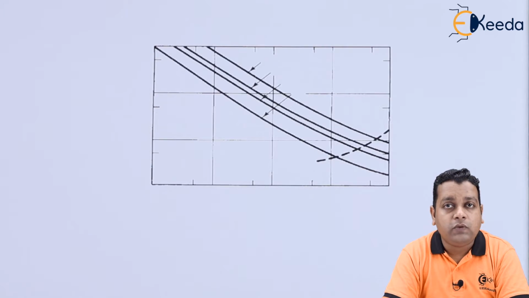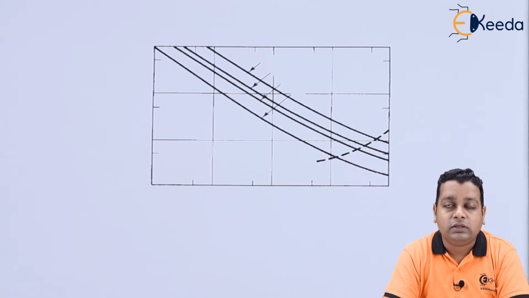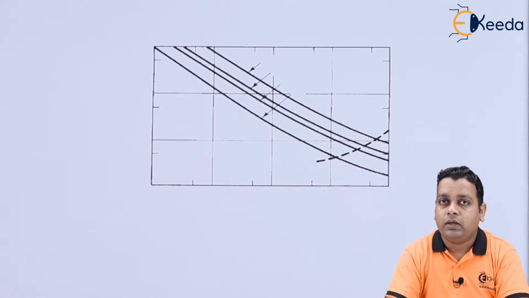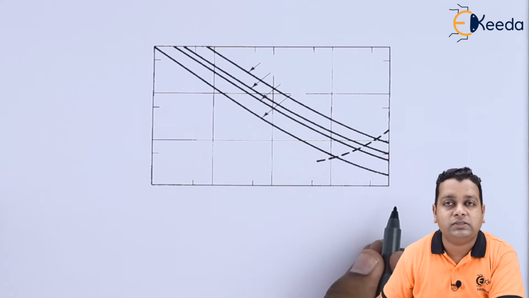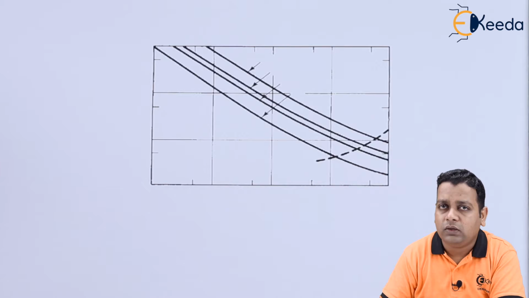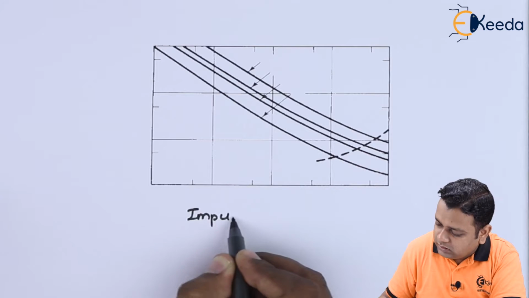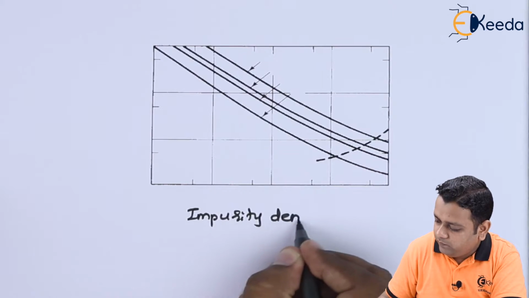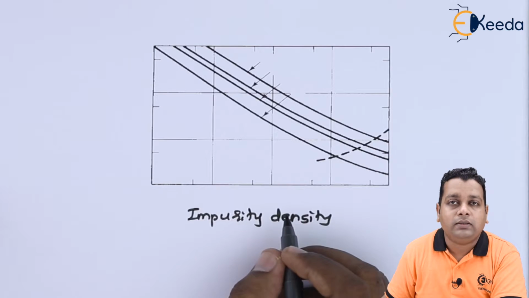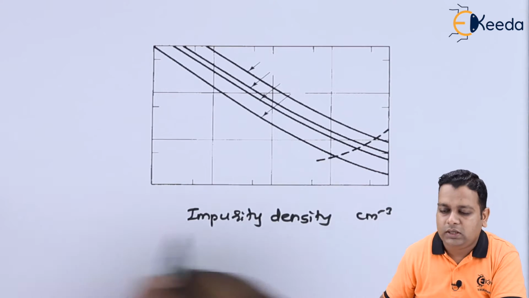Now if we take the breakdown voltage considering different levels of impurities, as we have different doping levels in the 4 different regions connected in this particular device, we can have a plot like this. On the horizontal axis we take the doping concentrations, represented as impurity density, in terms of per centimeter cube.